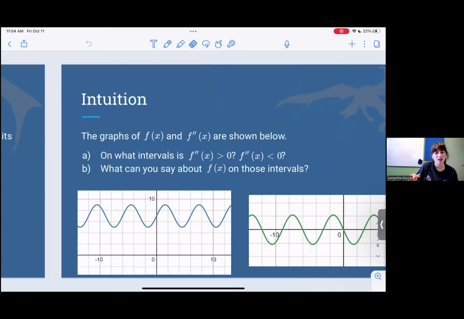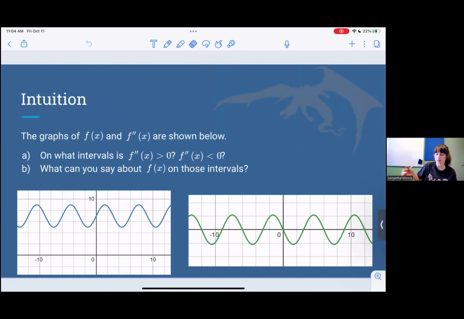So let's go ahead and just build an example. I'm looking at the graph of f of x and f double prime of x here. I'd love if you would pause here for a minute and think about what intervals this graph is positive and negative on, and then go back to f of x and look at those same intervals and see if you can say anything about the shape of f of x.